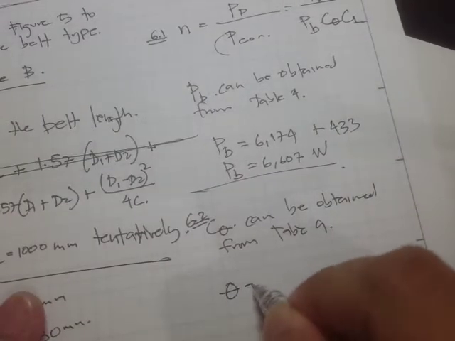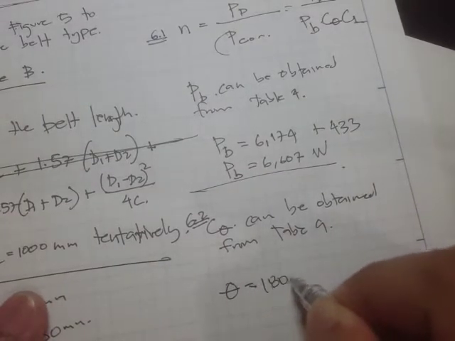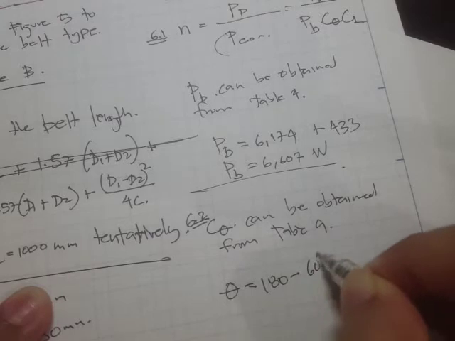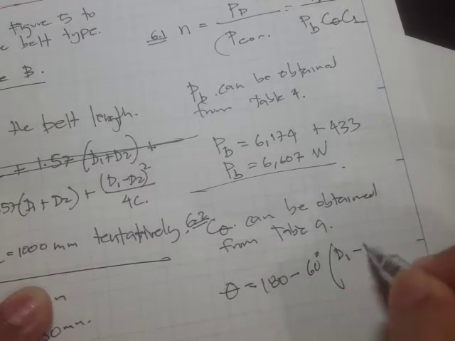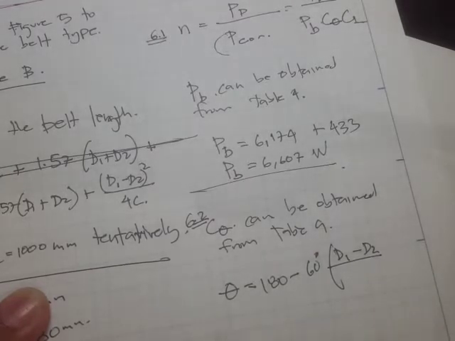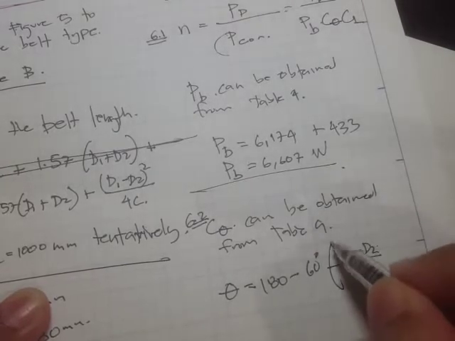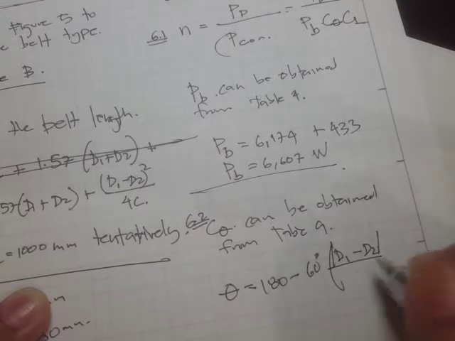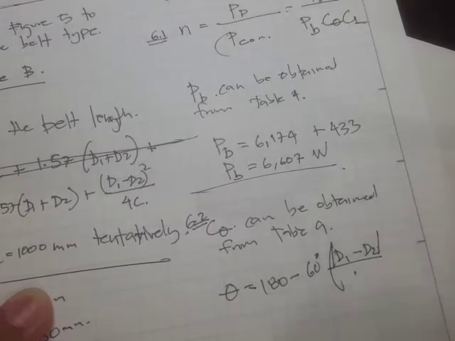And we can solve for this arc of contact using this equation. Theta is equal to 180 minus 60 degrees times d sub 1 minus d sub 2, let's just use absolute values, divided by the center distance.